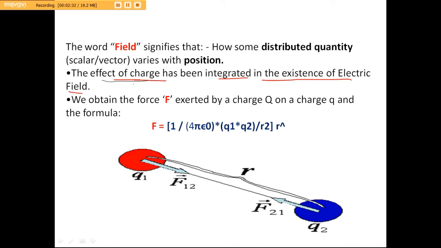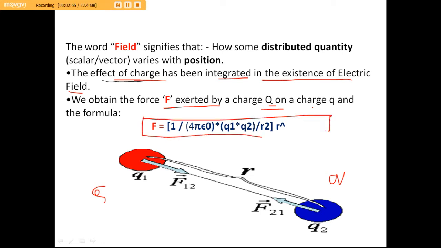So we obtain this force exerted by the charge Q, the capital Q, on a charge small q, and the formula, as we all know, is according to Coulomb's law. So what is this r vector?